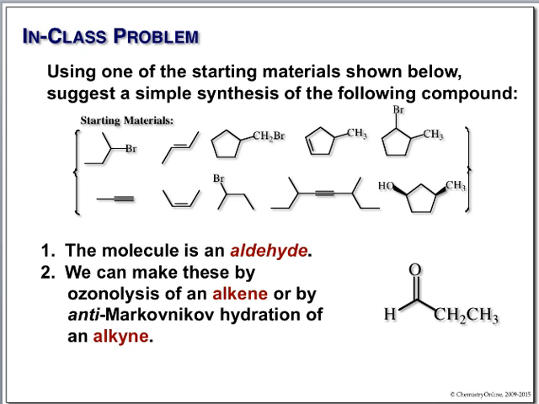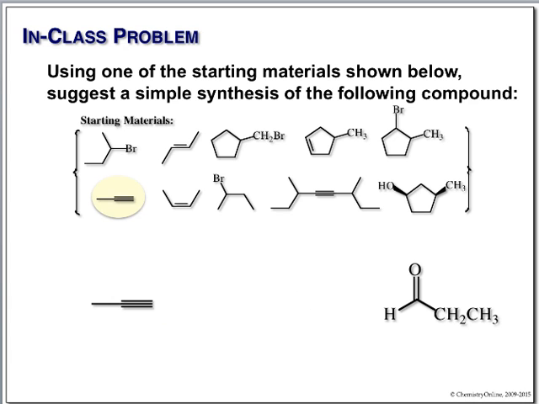All right, we have a 3-carbon backbone, don't we? We are looking for something that we can hydrate or that we can split with ozone. Let's see. My gosh, there's only one that's going to work, isn't there?